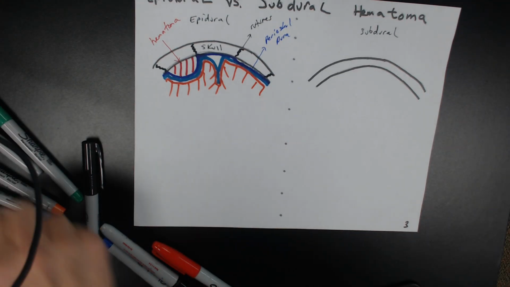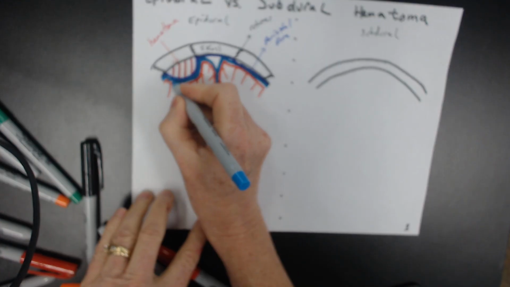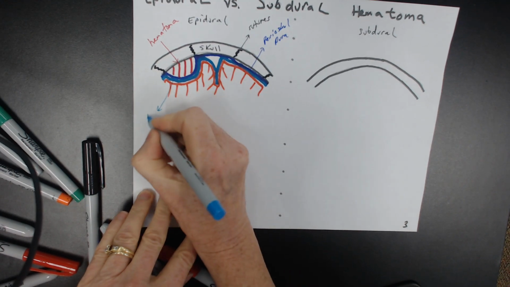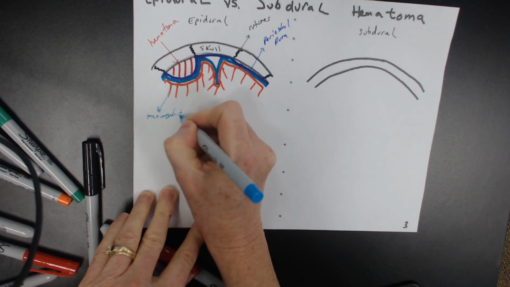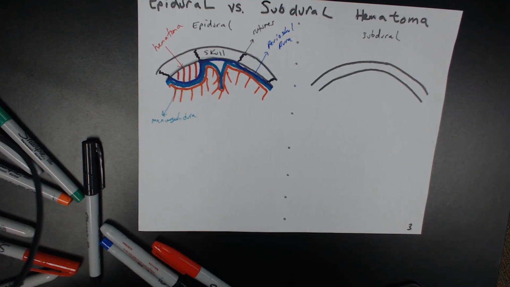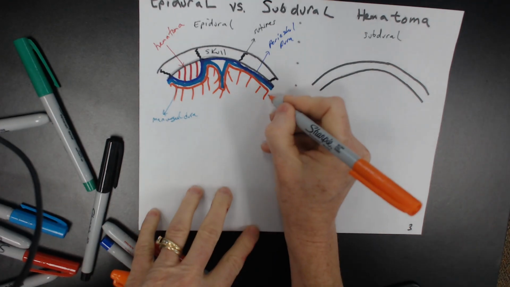Okay, let's label. There's the meningeal dura. Okay, this is arachnoid.